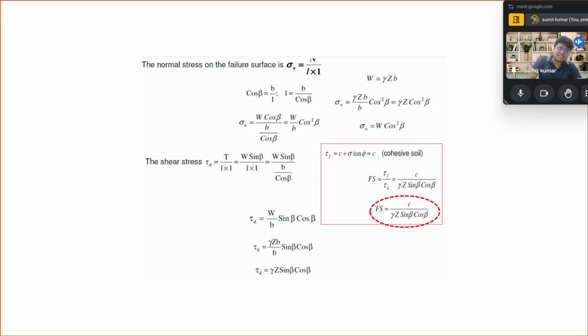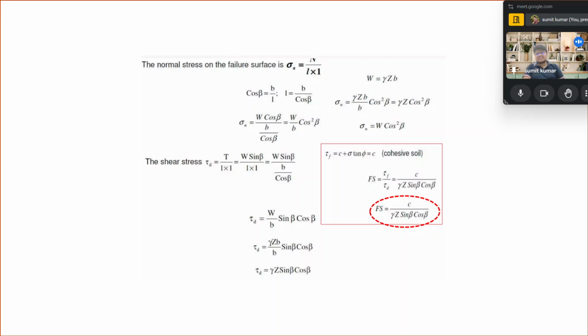Now sigma n is W cos beta upon b by cos beta, that is equal to W by b cos square beta, and that ultimately becomes gamma z cos square beta.